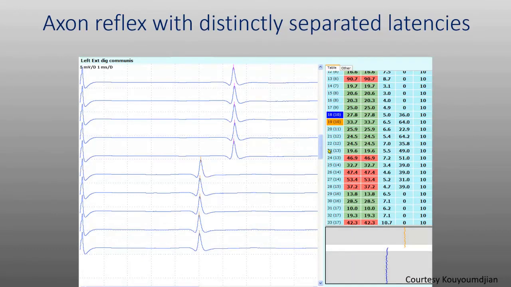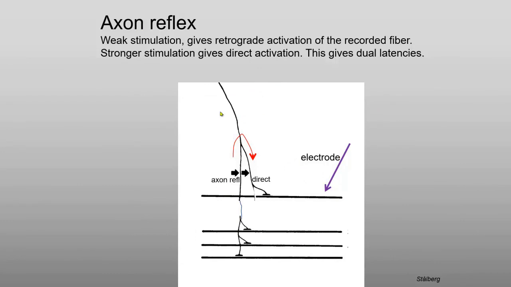Sometimes with intramuscular stimulation, we see latency jumps in the response from this position to a shorter position. This is explained by so-called axon reflex. This is a schematic explanation of axon reflex. With a weak stimulation, the recorded fiber is activated antidromically this way with a long latency, an axon reflex.